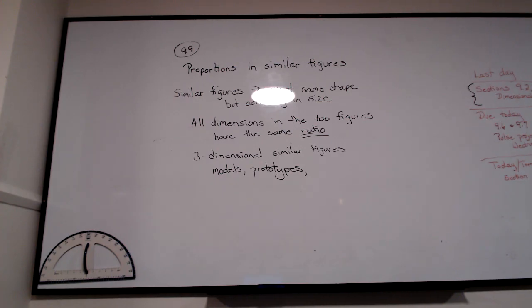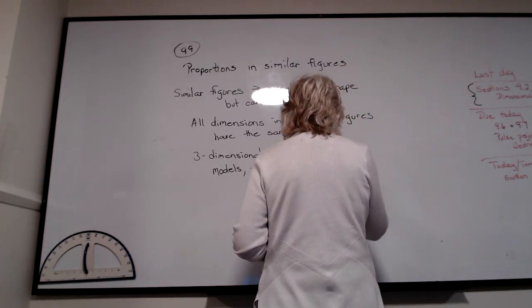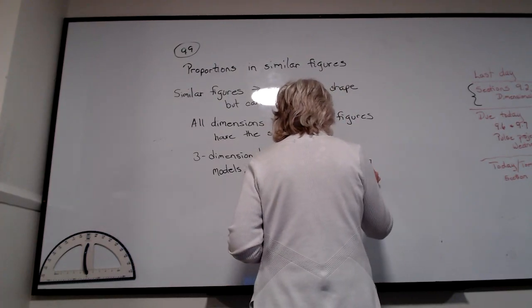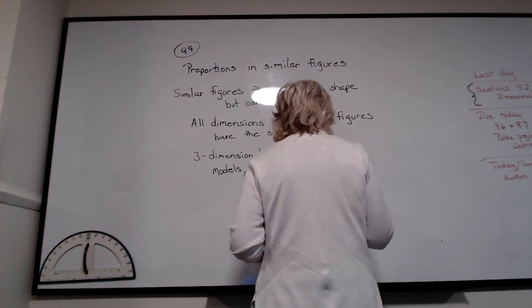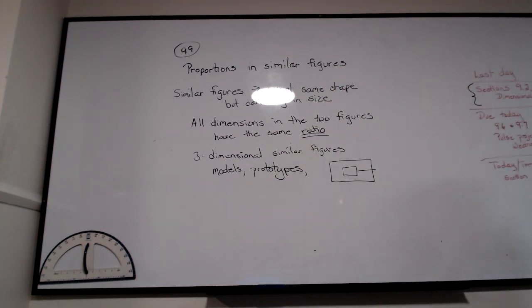Again, if you measure something, let's just say, I don't know why I'm using this one, but one of my students did this. They made a model of a, what is that called?